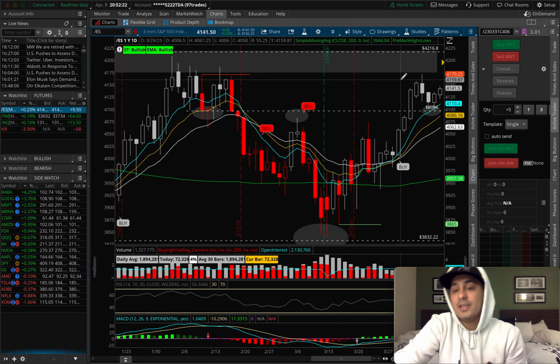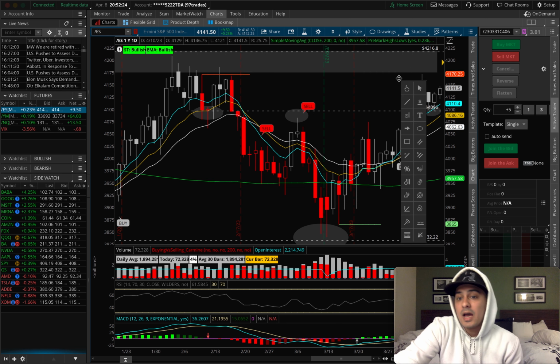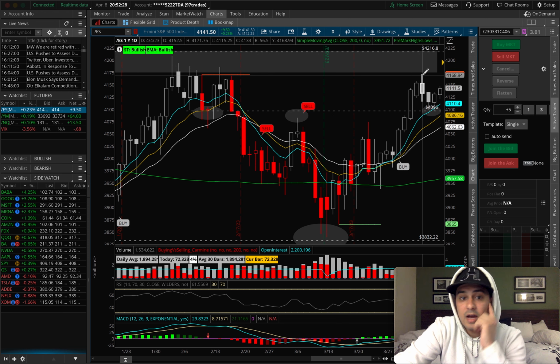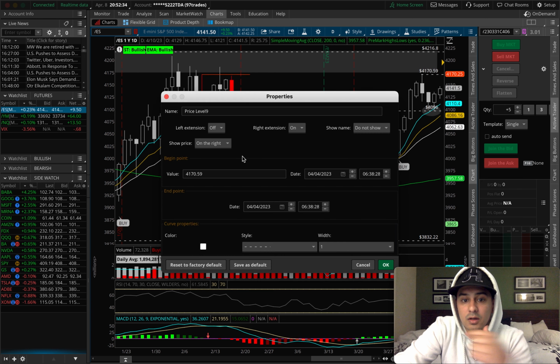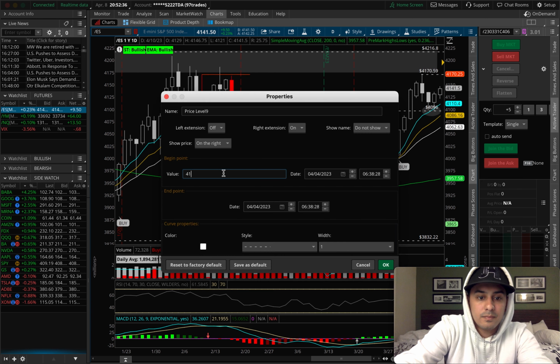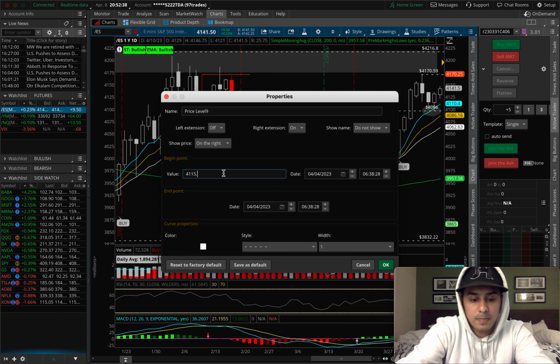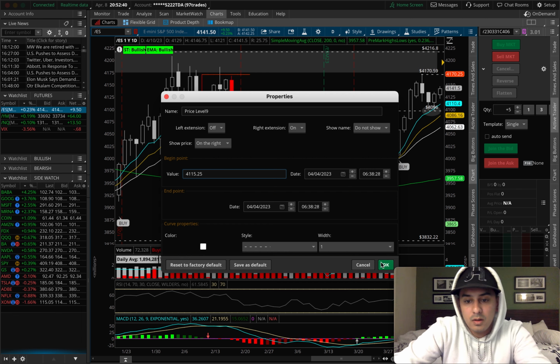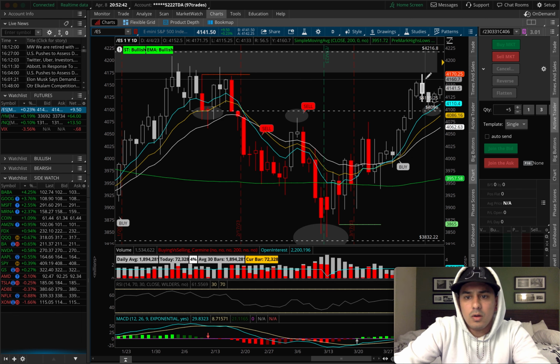So ideally, my play for SPY, I would look for this right here for intraday. This is intraday for me. I would look right here. The high of this candle is 4171.25. Oh, whew, hold up, that was really bad.